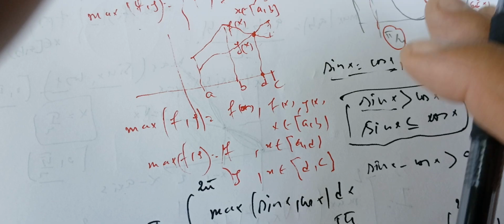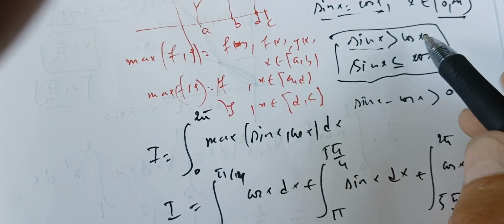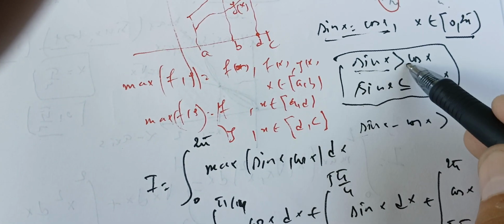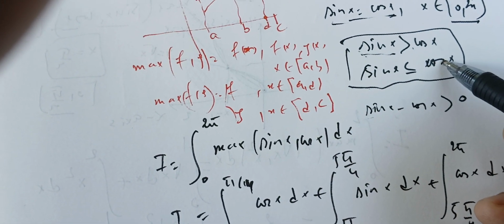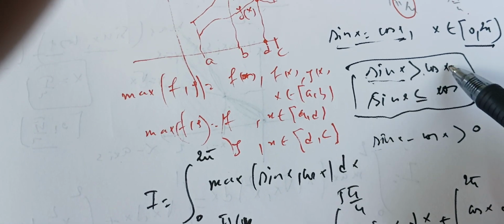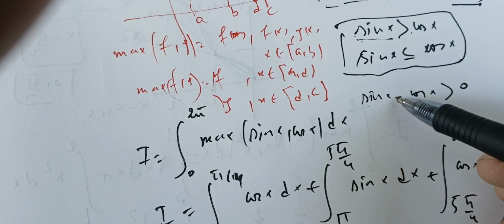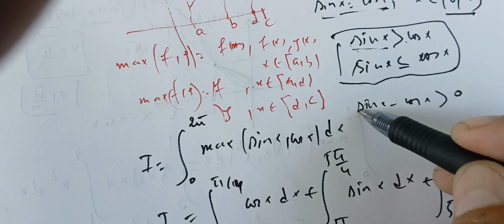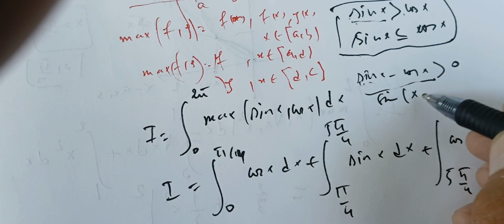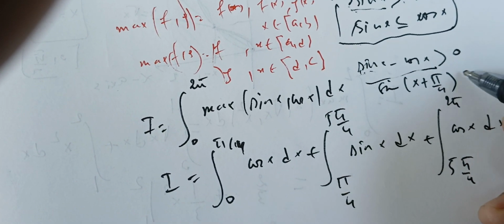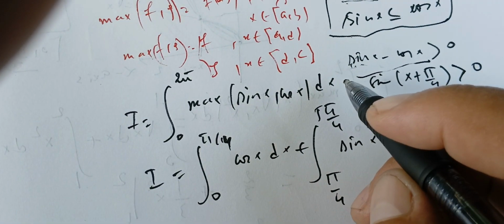So you can just rework this one, find the values of x that would make this one true and this one true. You can do that graphically, or you can solve it algebraically by transforming this one into, let's say, sine of x plus pi over 4 is bigger than 0.